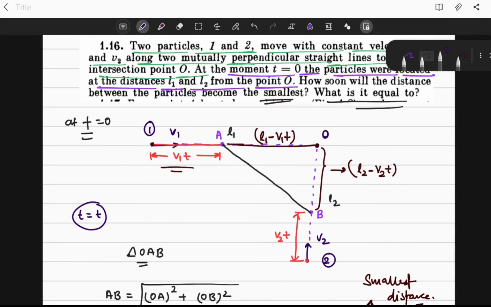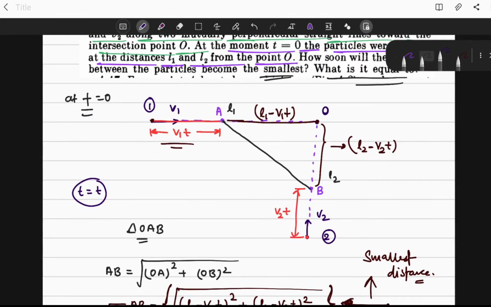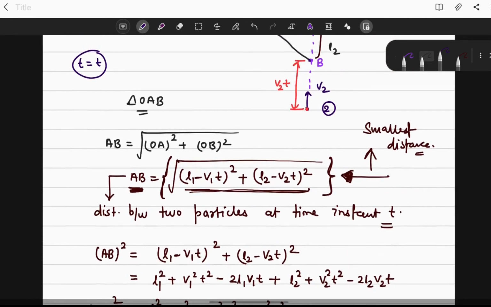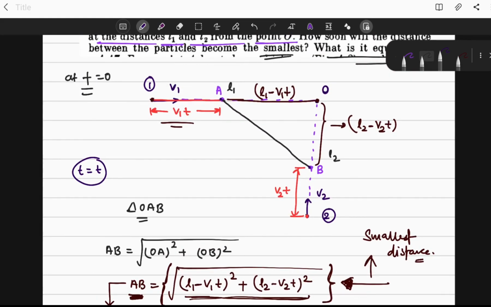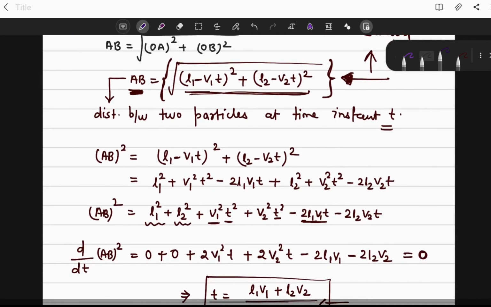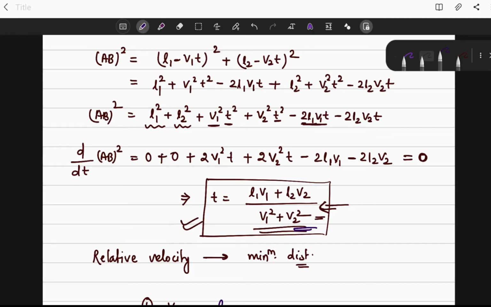What we have done: first of all, we found the distance between point A and B at any moment of time t, and then we found the expression of this distance in terms of time. In order to find the smallest distance, we differentiated that expression with respect to time, and then found the time at which the distance is minimum.